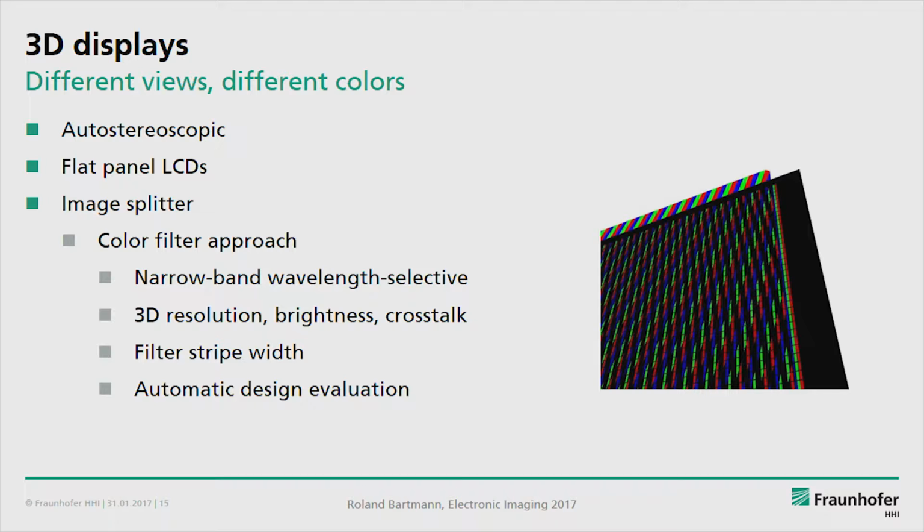And important parameters, of course, are the 3D resolution you get from such a device, the brightness, and of course, we have to minimize the crosstalk. So the input parameters are the filter stripe of the barrier. That's, of course, the design parameter. And we put this together in our simulation and can do such automatic design evaluation.